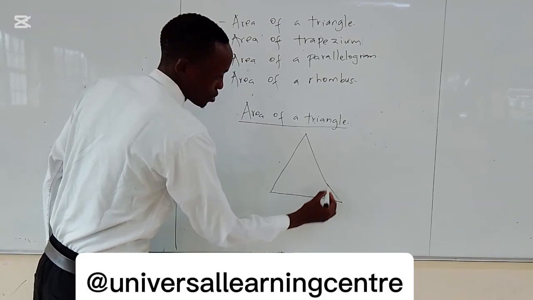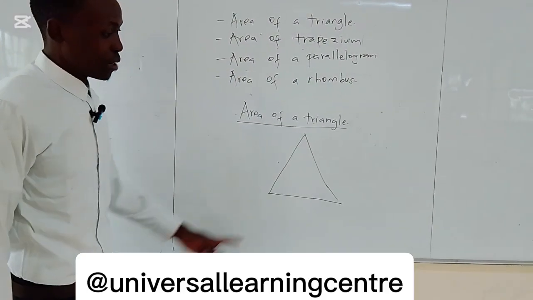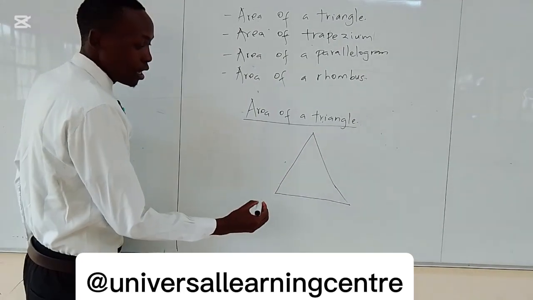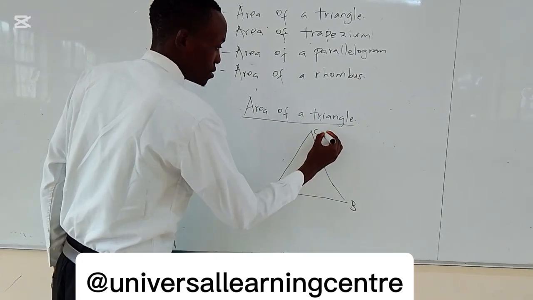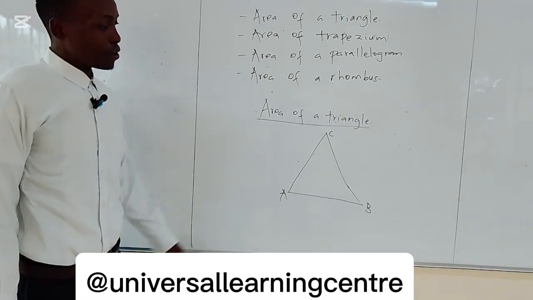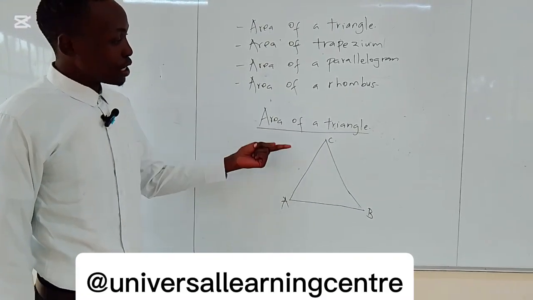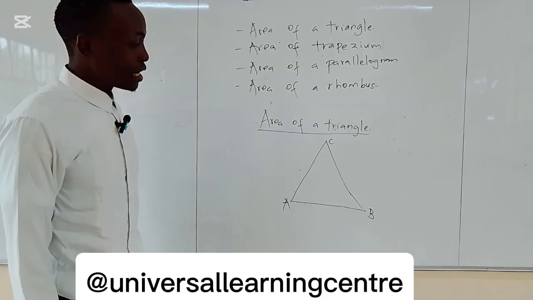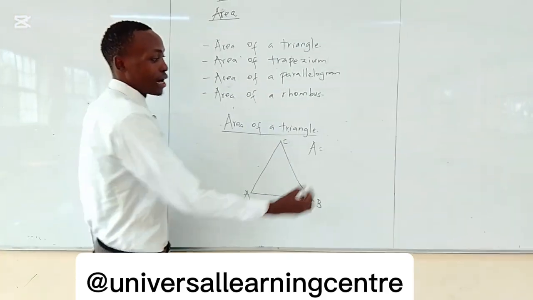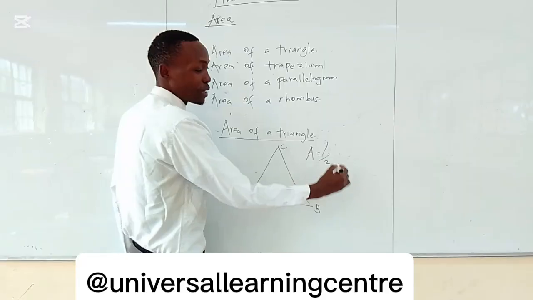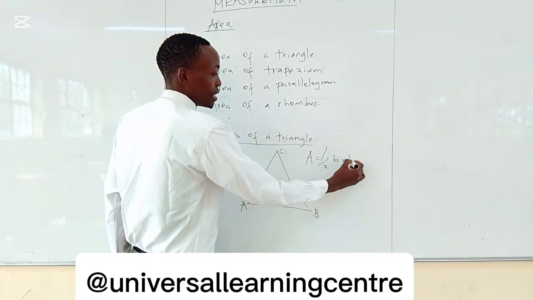So that is a sample of a triangle. So let me name here A, B, and C. After knowing that, I want to give you a formula for finding out area of a triangle. So area of a triangle is normally given by half, then you multiply by base times height.